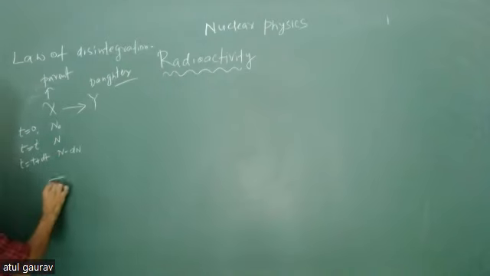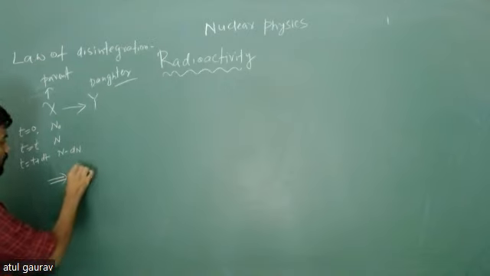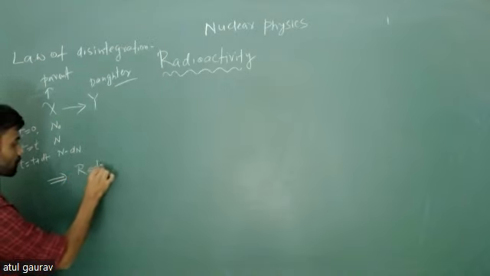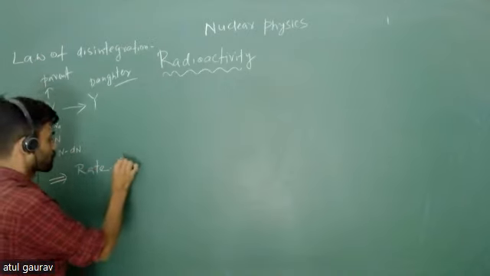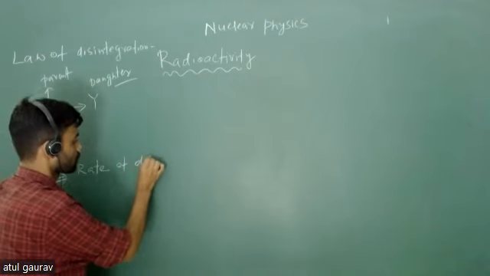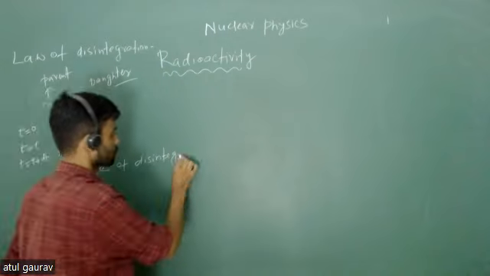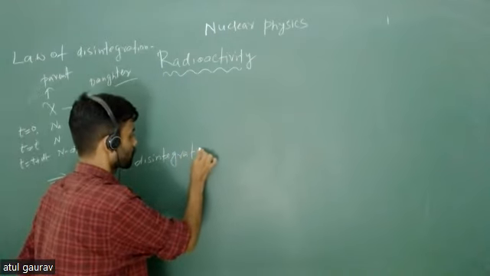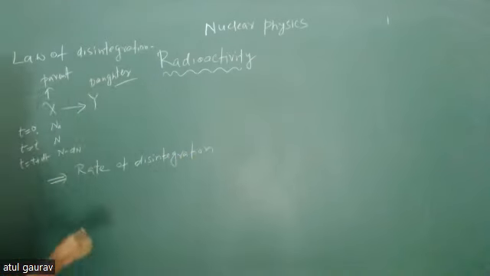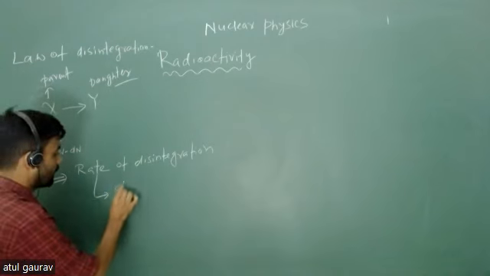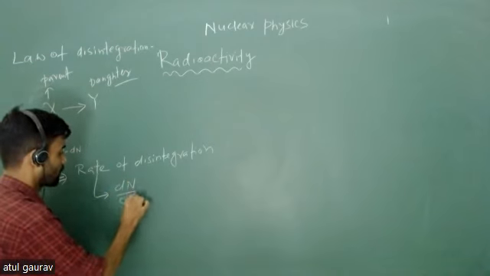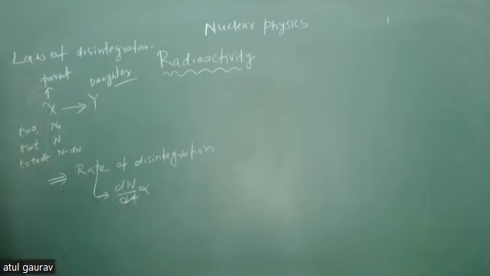So the rate of decay or rate of disintegration is written as dn by dt. How much will it be? It will be proportional to n.